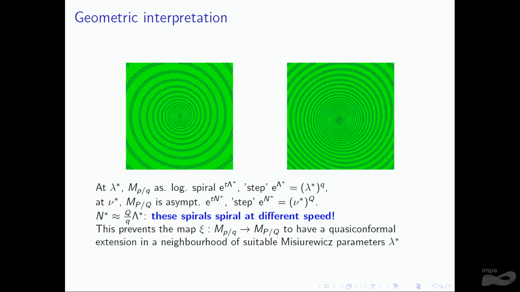You see spirals in both cases. These spirals are very, very close to the root. Those spirals live here and here, not on the other side.